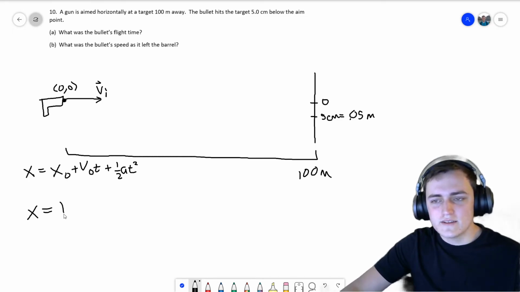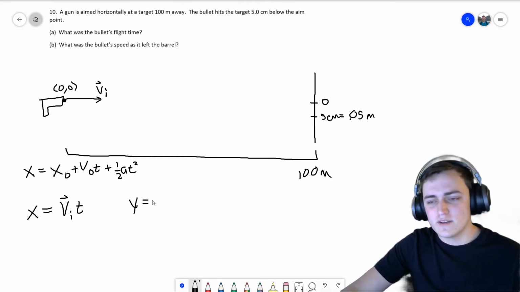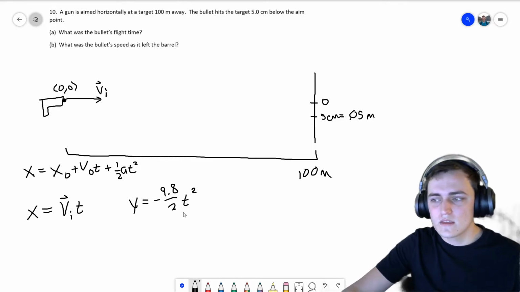Our x is v_i times time, and there's no acceleration in the x-axis because we are in free fall. Our y position, once again, no initial position because we started at 0, 0. There is no initial y velocity, but we do have negative 9.8, our a, divided by 2, times time squared.